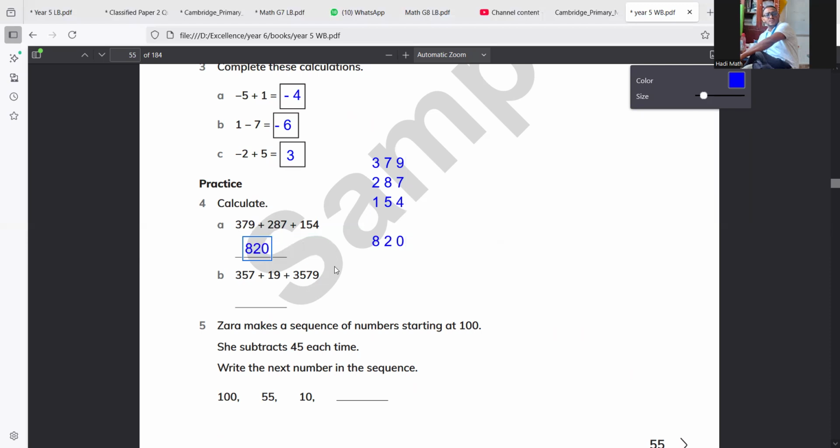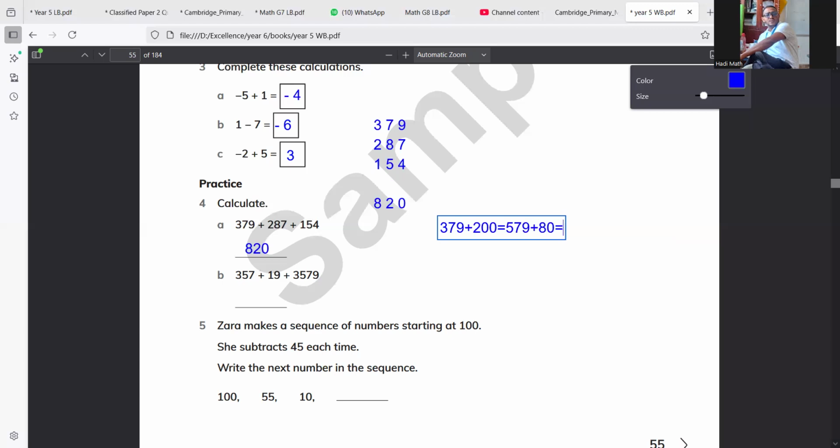This is your numbers. Other people can do this mentally by adding these numbers. When you're adding, you say what? You say 300. Like what? 379, plus you would like to add the 287, you add the 200 first. You say this is equal to 579. Then they add the 80.